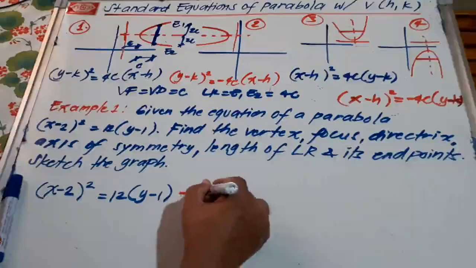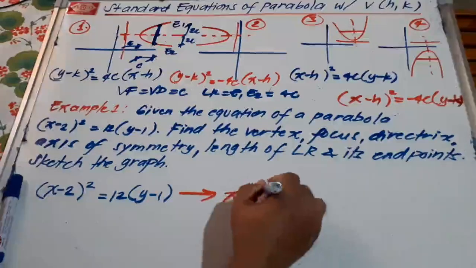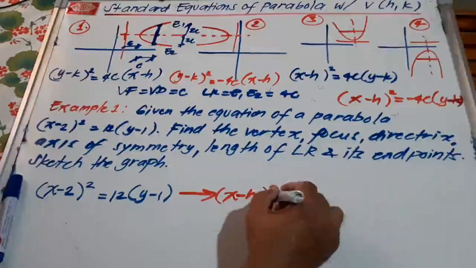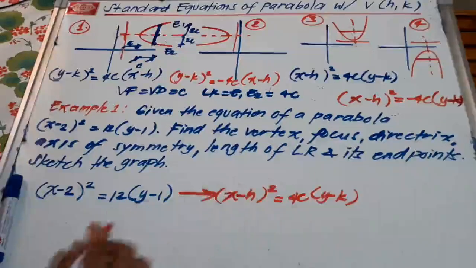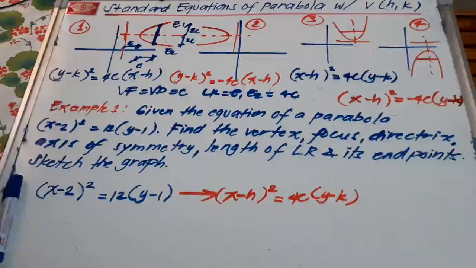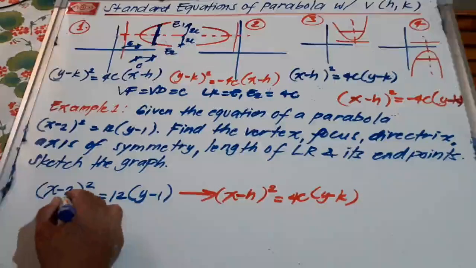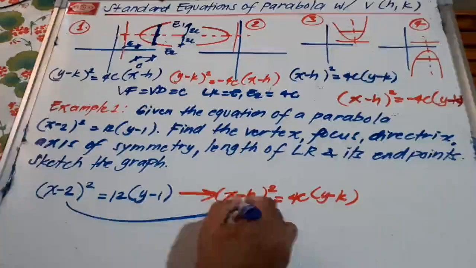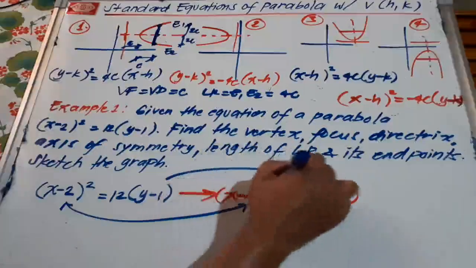Okay? Ano equation number 3 natin? Sa standard equation, we have (x minus h) squared equals 4c times (y minus k). Yan. So, we can easily determine the vertex of the parabola and the length of the latus rectum. Okay? How? Yung ating h here is equal to 2. Okay? At yung ating k is equal to 1.